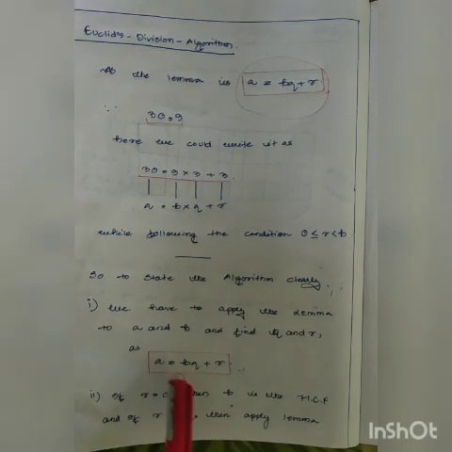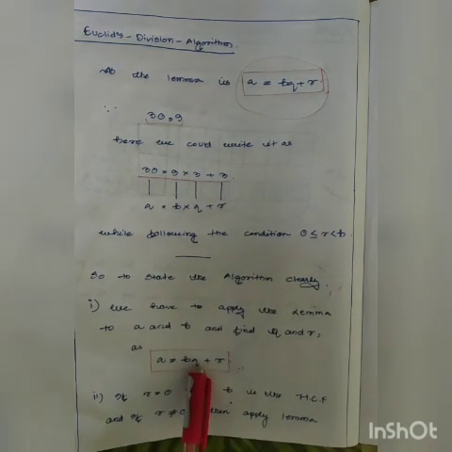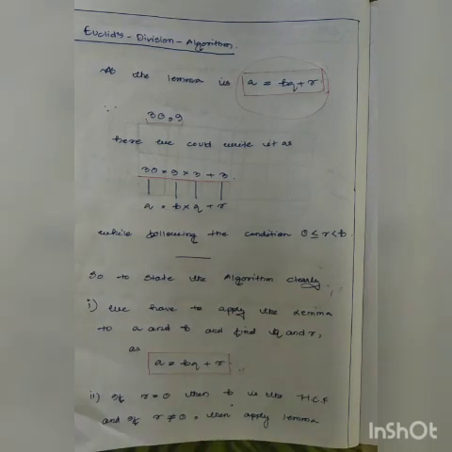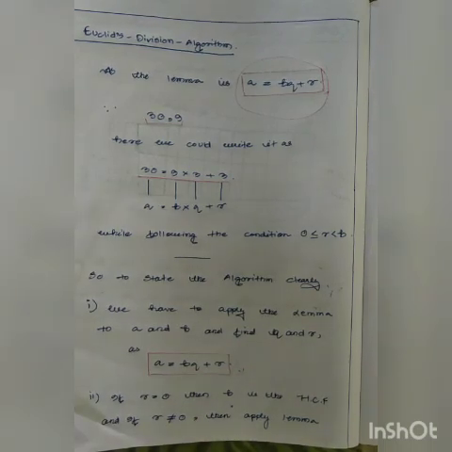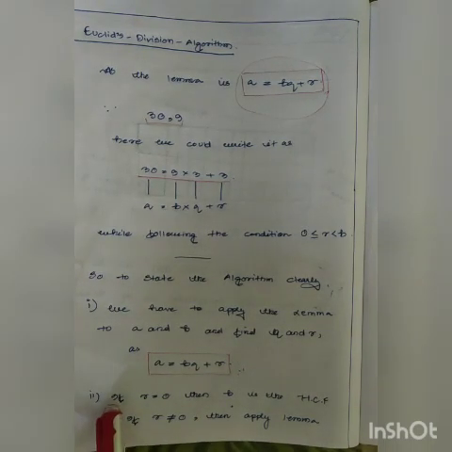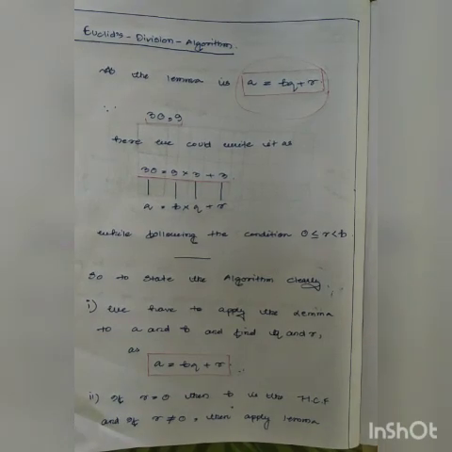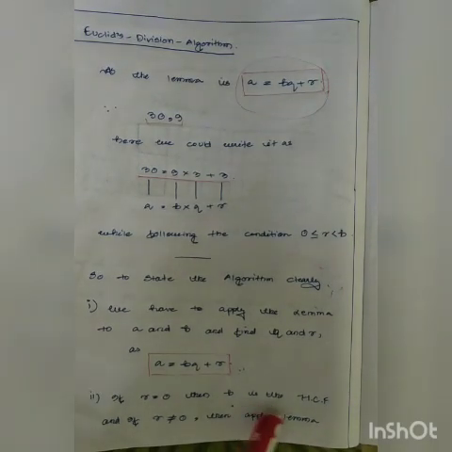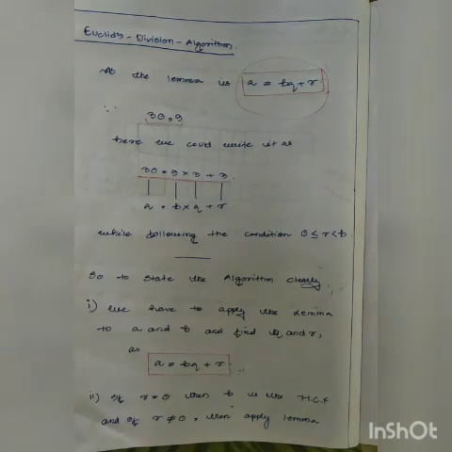A is the dividend, b is the divisor, q is the quotient, and r is the remainder. The second point is, if we get r equal to 0, then b is the HCF. And if we don't get r equal to 0, then we have to apply the lemma again.